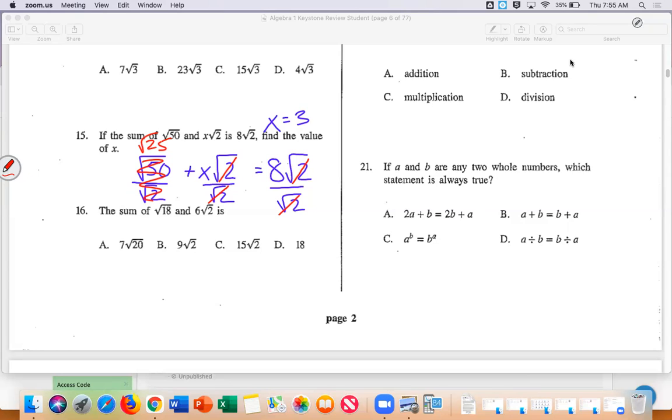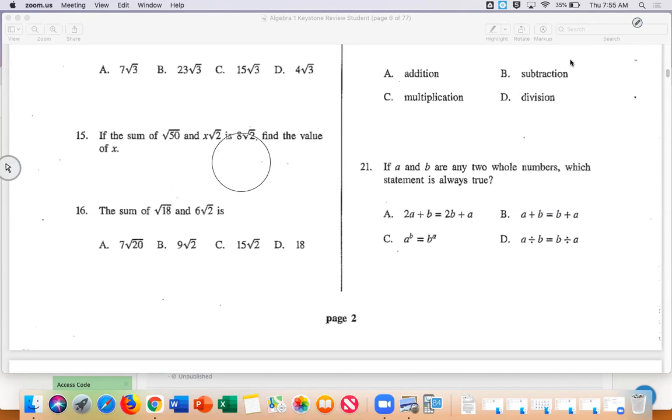What's the square root of 25? 5 plus x equals 8. Do you see that? And that's a pretty quick way to do it, okay? But it's only if you're comfortable. So 3 was the answer.